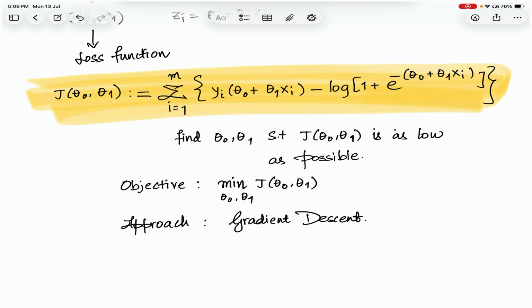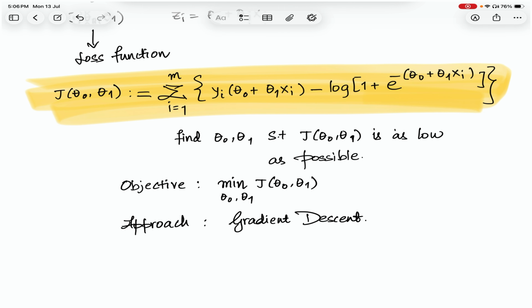Partial derivative, 1 by m summation i through m. So differentiating the first term, yi will be constant when differentiating with respect to theta 0, and we know that d by dx of x is 1, so you have 1 here, and theta 1 we are assuming to be independent of theta 0, so this will be 0. Then you have minus this.